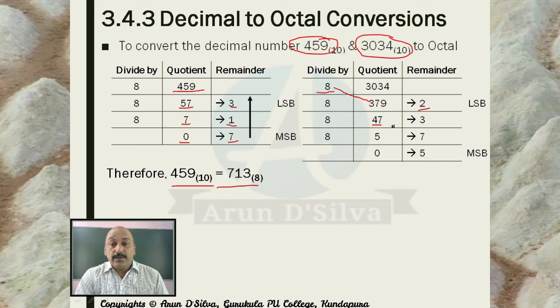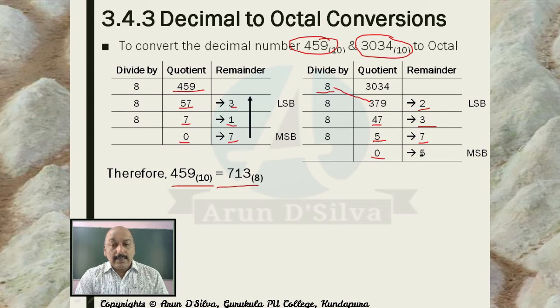I get 47 as the quotient and 3 as the remainder. Again I divide: I get 5 as the quotient and 7 as the remainder. 8 into 5 is 40, so 47 minus 40 leaves 7, which becomes the remainder. Again, 5 cannot be divided by 8, so that becomes the remainder, 0 becomes the quotient, and further we cannot divide.